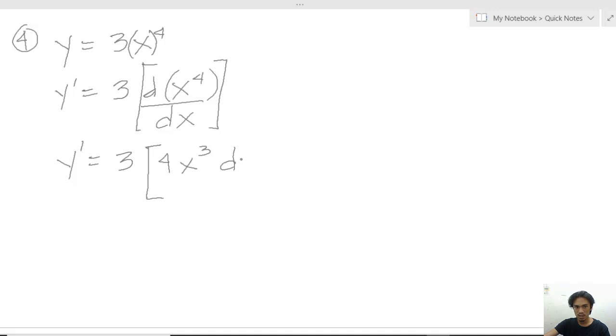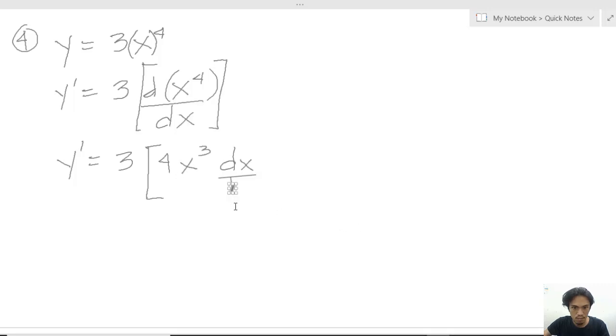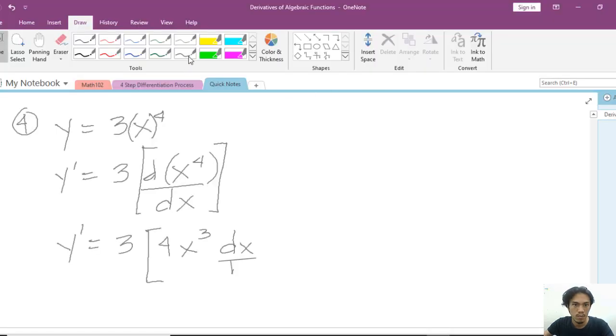The base here is x with respect to x. So again, the derivative of x with respect to x is simply equal to 1.